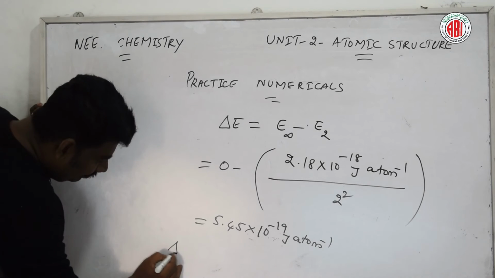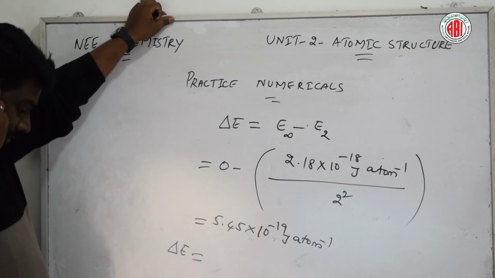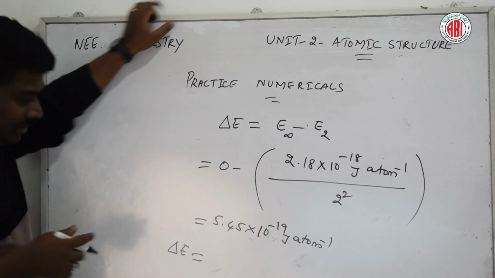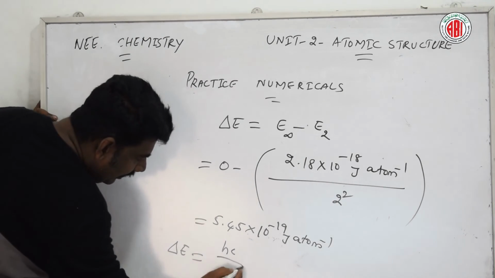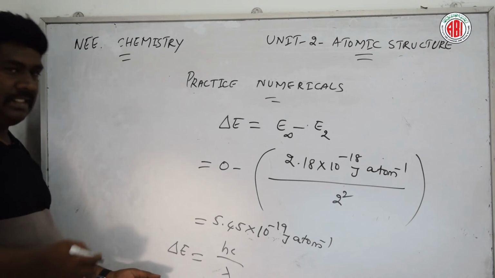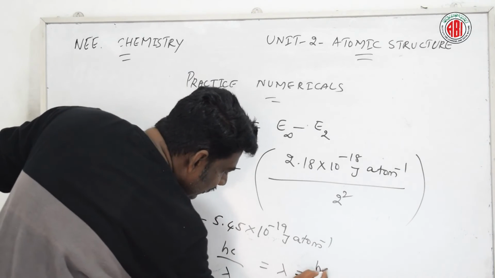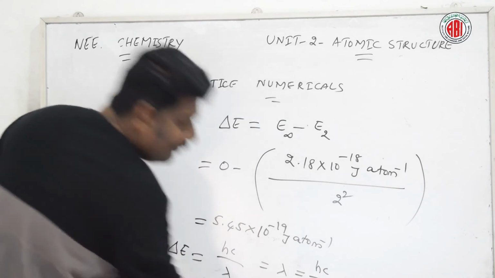Now the change in energy delta E is equal to hc by lambda. So lambda is equal to hc by delta E.